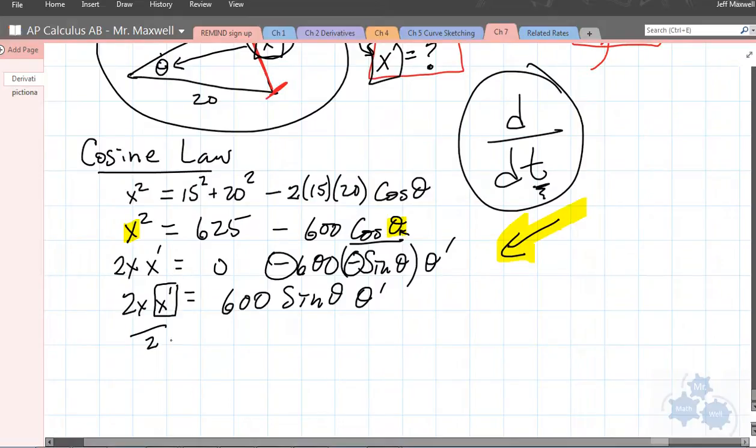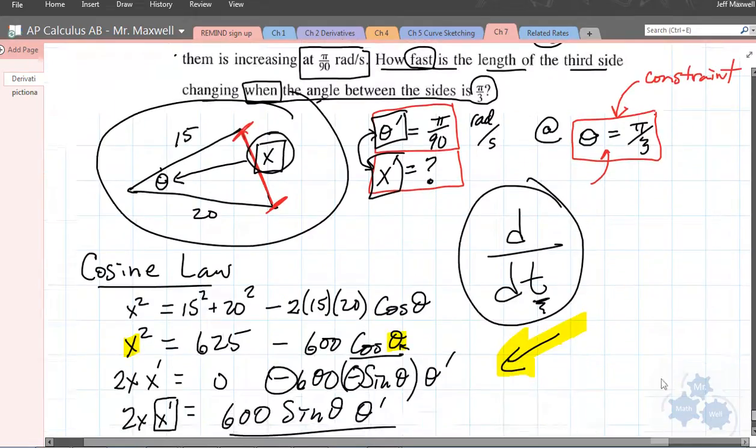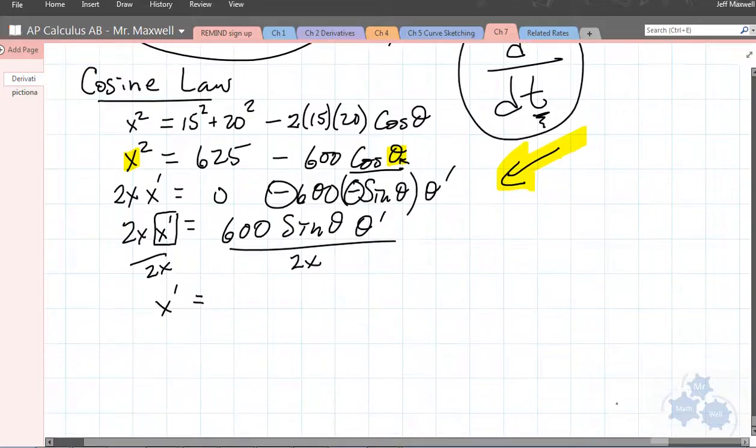So let's divide both sides by 2x to solve for x prime, because remember, that was in the question. That's what we're looking for. So we solve for x prime. What do we get? 300 sine theta, theta prime over x.